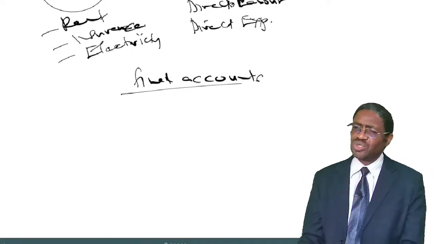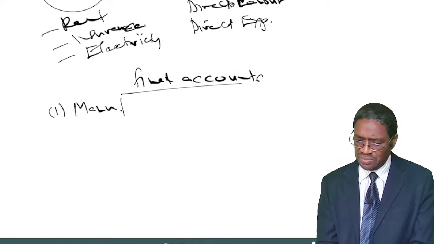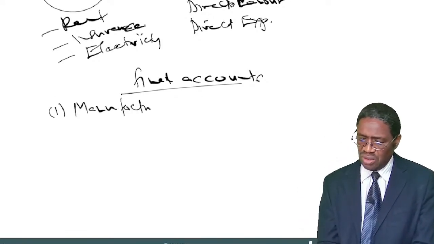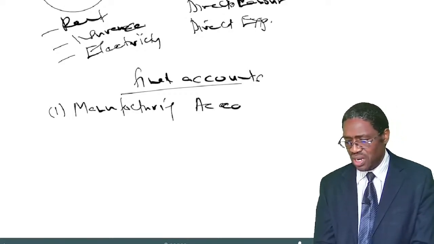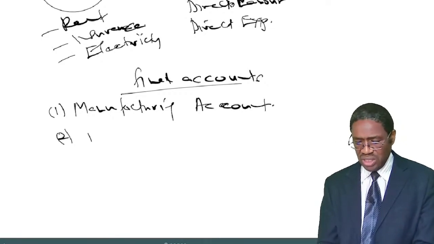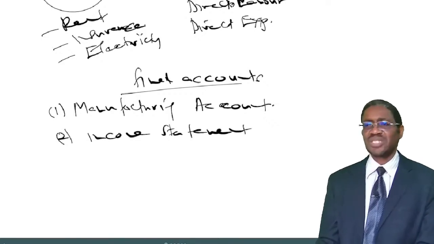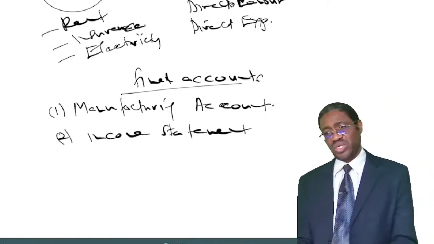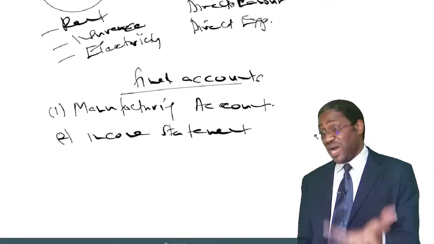One of the accounts of the manufacturer is what we shall be calling a manufacturing account. The second one is what we call the normal income statement or a statement of profit and loss. And of course, the statement of financial position, that is the balance sheet.